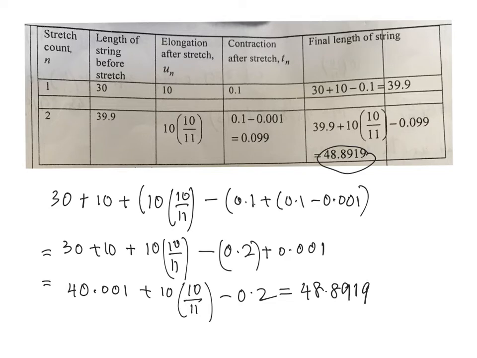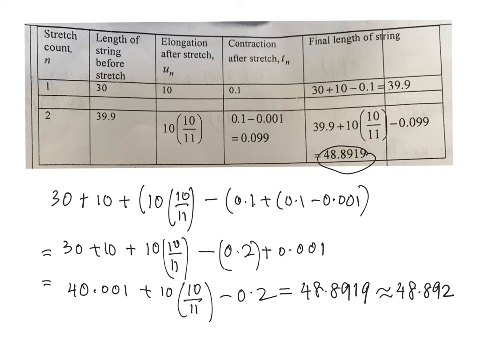We need to see this to get your 1 mark. Then you can approximate to 3 decimal places, 48.892. The reason why you cannot skip from here to here, because this answer is given, you're asked to show this, so I need to see the step before your final answer. Then you get 2 marks.